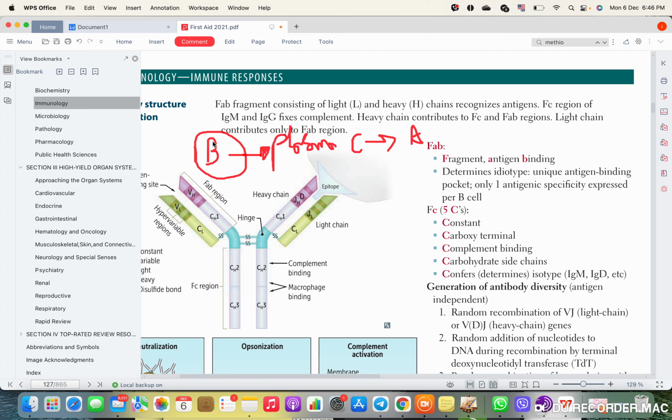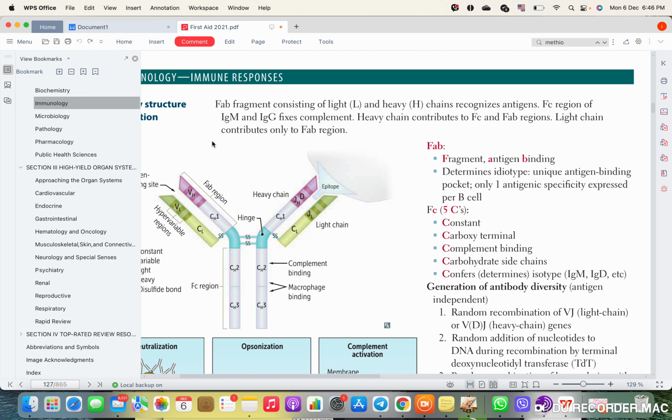I want you to know, each B cell makes a distinct antibody from the others. There are no two B cells that make the same antibody, okay? So that B cell makes antibody against COVID. That B cell makes antibody against influenza. That one makes antibodies against, I don't know, Streptococcus pneumoniae.